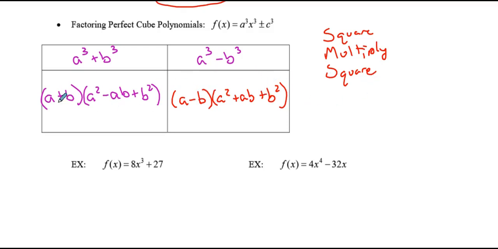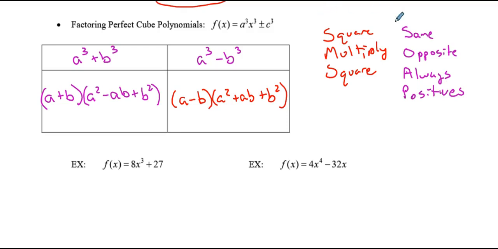Now, in terms of the signs, we can use another mnemonic, which would be SOAP: same, opposite, always positive. This is for the signs.